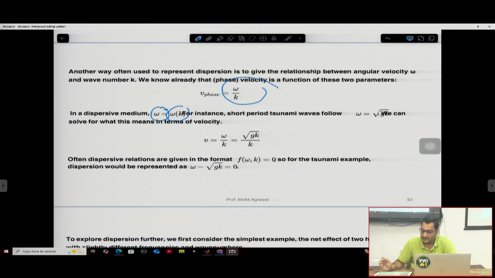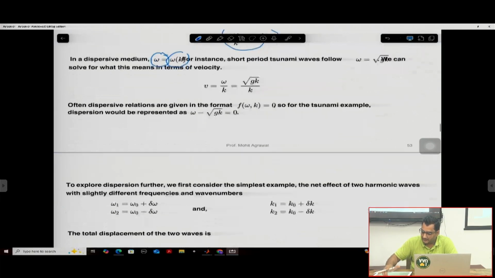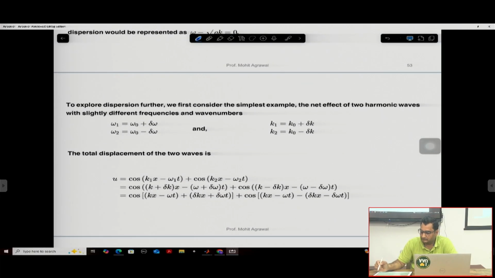We can also talk about tsunamis. Longer period tsunami waves do not have any dispersion if their wavelength is comparable to the ocean floor depth. But shorter period tsunamis do reflect the phenomenon of dispersion. Now let's suppose the SH wave, the Love wave dispersion curves, because the Love wave mostly consists of SH waves.